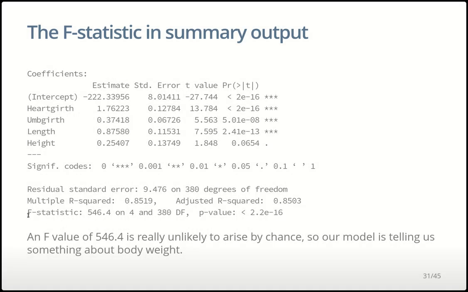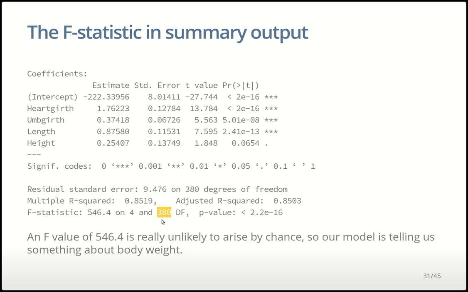Okay, so this overall F statistic here, this is the value of F, 550, near enough. There's some parameters associated with it, the 4 and the 380, which basically have to do with the amount of data you have and the number of parameters in the model. So the 4 is the number of parameters in the model, and the 380 is the total data size minus the number of parameters in the model minus 1.